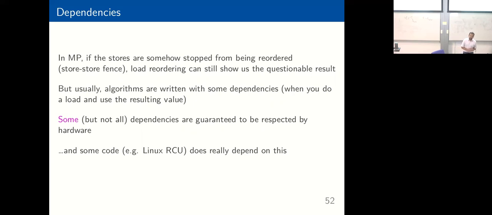But really, these dependencies are things programmers use and expect to work. Sometimes they really do expect it to work. So for example, the parts of the Linux kernel called RCU, if you have heard of it, it's a very fancy concurrency unit within Linux. Anyway, the way it's coded depends very critically on some dependencies being observed, being paid attention to by the hardware.